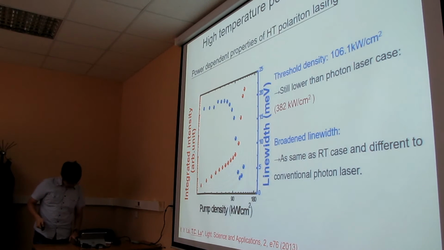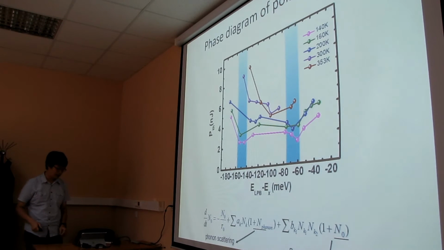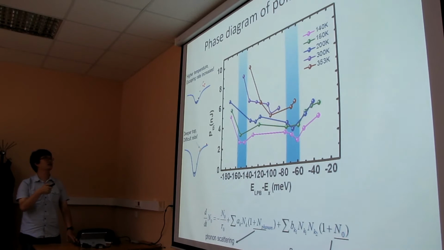Yes. So we also have the phase diagram of the polariton laser. As you can see, this is the phase diagram of our devices. At higher temperature, the escape rate will increase.